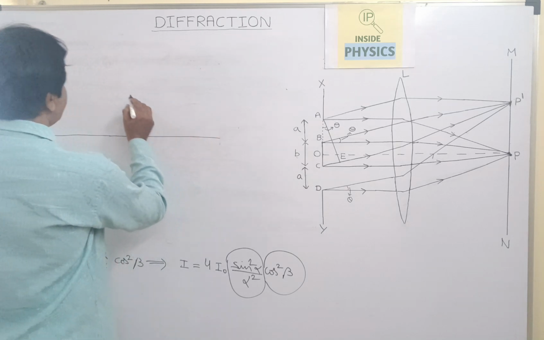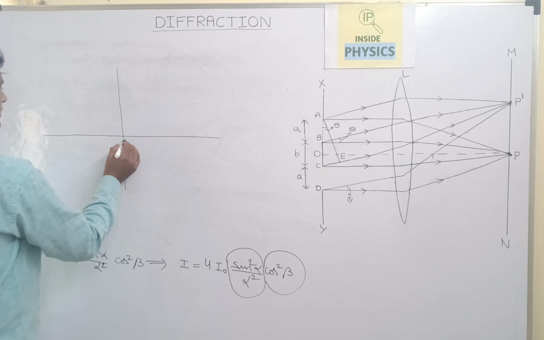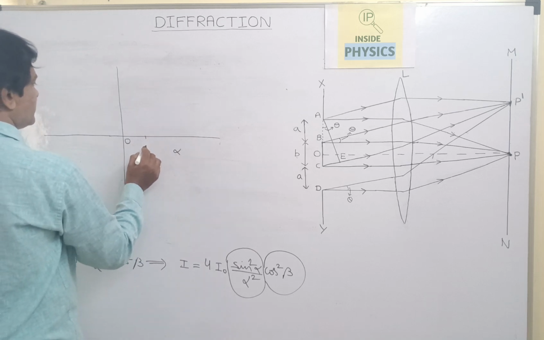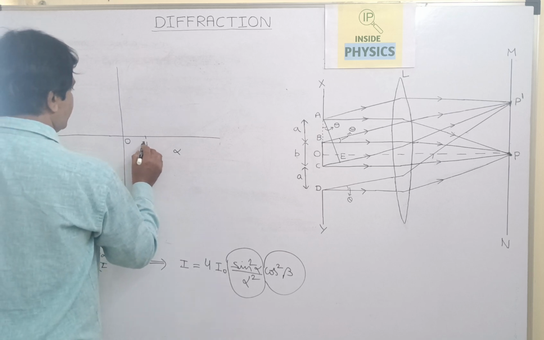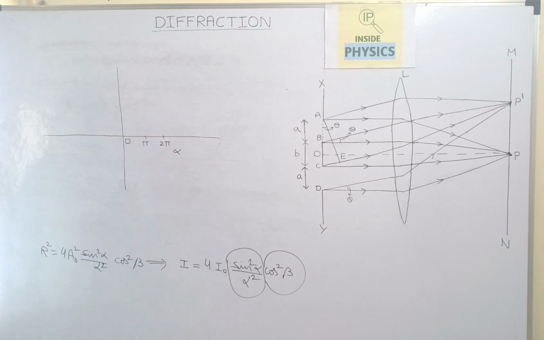Taking x-axis and y-axis like a coordinate system, and the alpha values here, consider them as 0, pi, 2 pi. What are the minima conditions that you observe in the diffraction pattern?